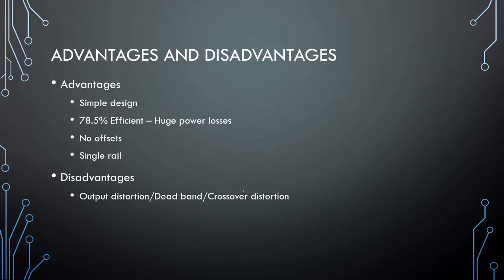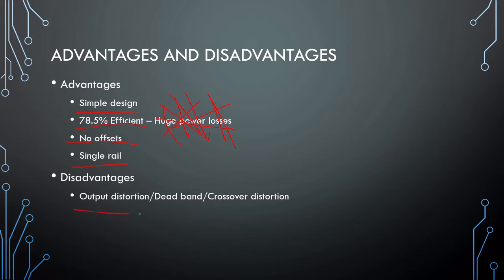Advantages and disadvantages. So it is a very simple design. You just slap in two transistors, calculate their power, and there you go. It is 78.5% efficient without the huge power losses. There are no offsets, and it can be used in a single rail application, but you need to apply an offset for the single rail.